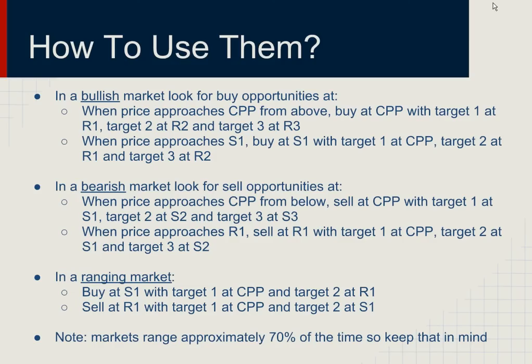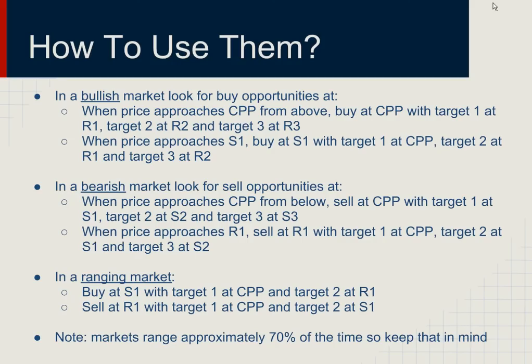So if it's a bullish market outlook for the day, you would look for buy opportunities when price approaches, for example, the daily central pivot point from above, and then you would buy at the central pivot point with your first target at the first level of resistance, or R1, and then the second target at the second level of resistance, or R2, and so on, third target at R3.